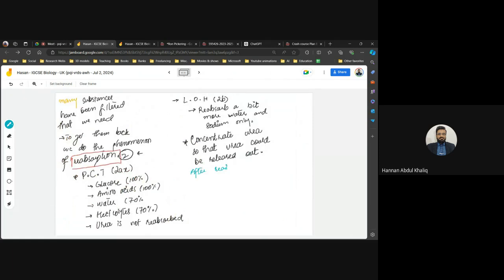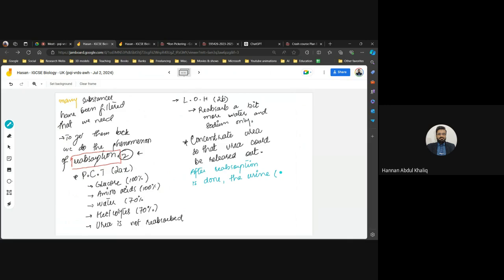So after reabsorption is done, the urine, now in bracket, please focus.